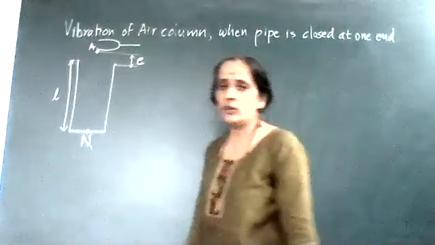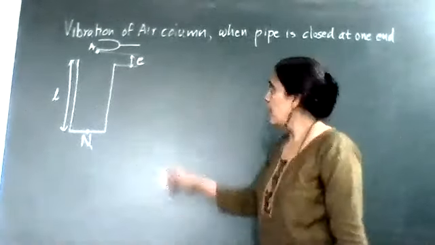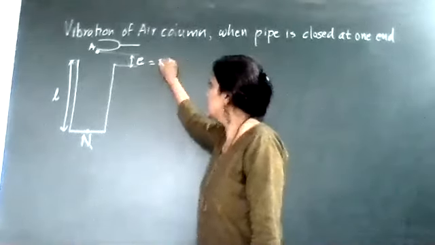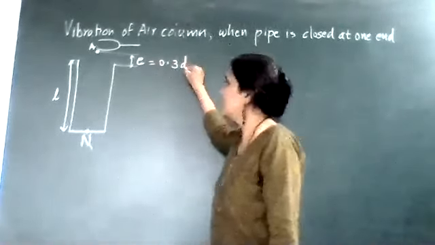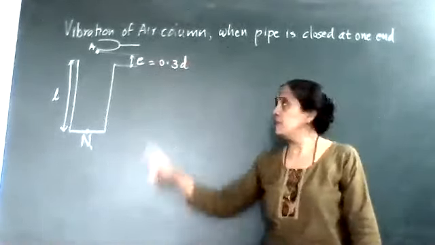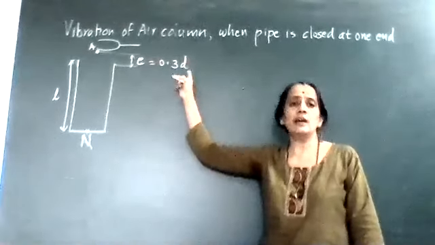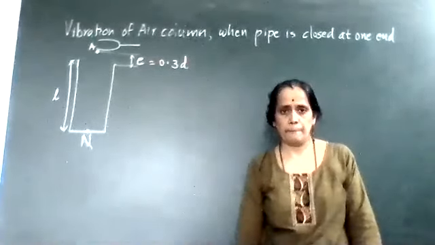which is denoted by the letter e. And this end correction e is equal to 0.3 times d, where d is the inner diameter of the pipe.